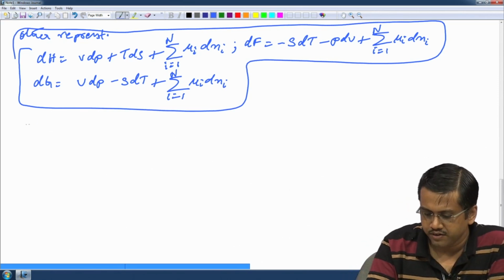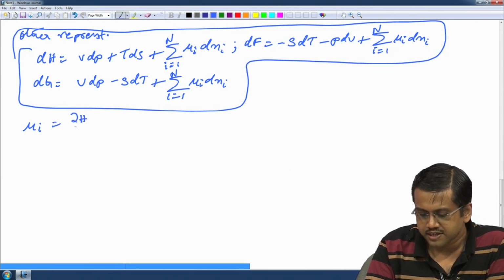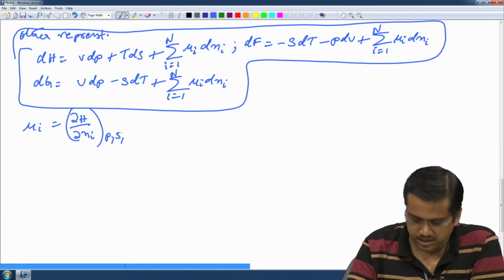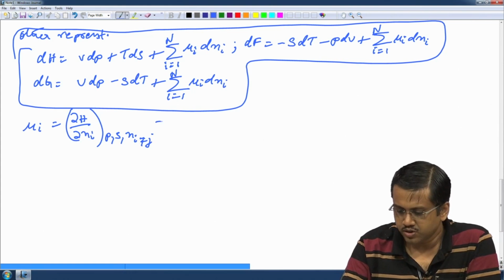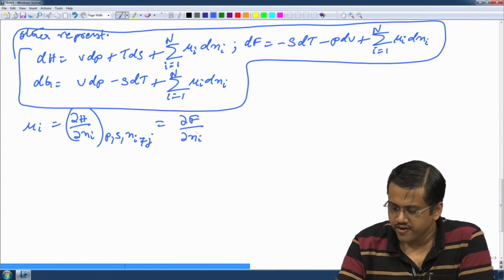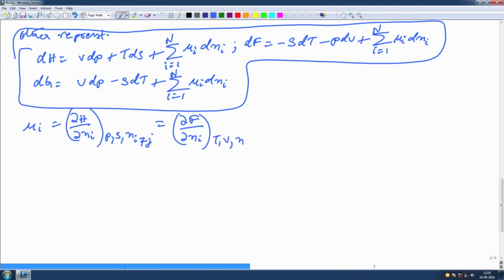So, mu_i can therefore be written in a variety of forms. It can be written as dH/dN_i for constant P, constant S; these are all equivalent representations. This is also the same as dF/dN_i for constant T, V, N_j not equal to i.